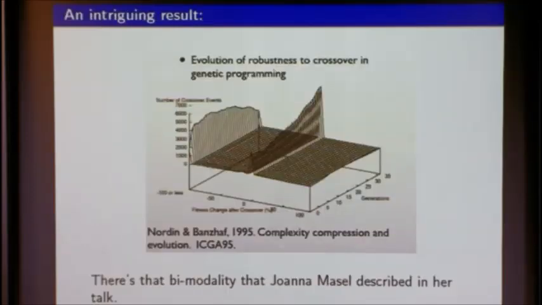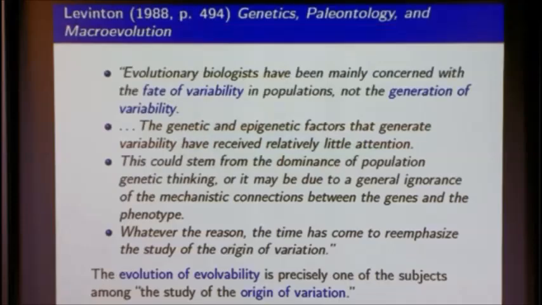So this is a great quote by Jeffrey Levinton, which I consider my call to arms. It summarizes the theme of most of my research. It's from the first edition of this book. He deleted it from the second edition. I don't know why. Evolutionary biologists have been mainly concerned with the fate of variability in populations, not the generation of variability.